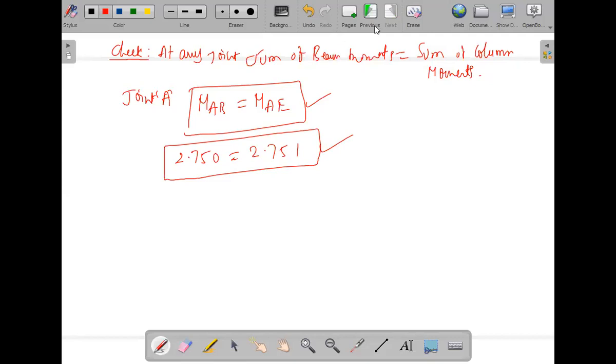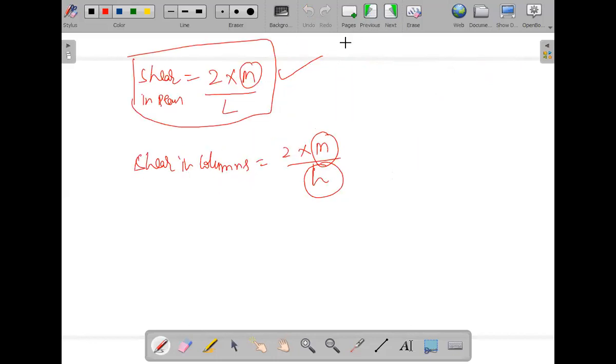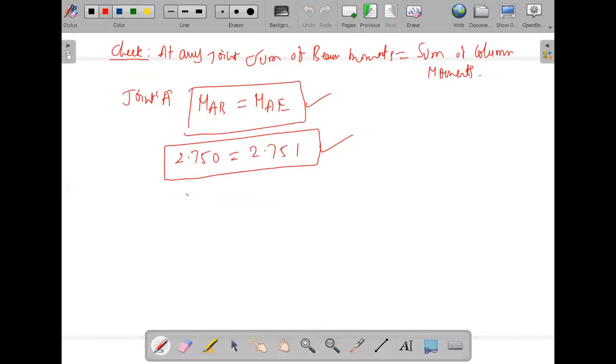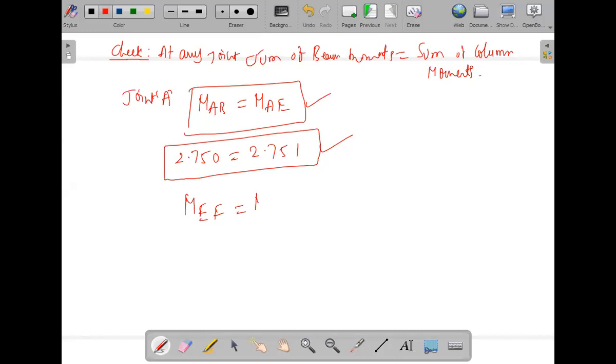Similarly, not only this, I'm going to consider joint E. What are the beams at joint E? EF. So MEF is equal to the column moments, MEA plus MEI. Please check what the MEF value is.